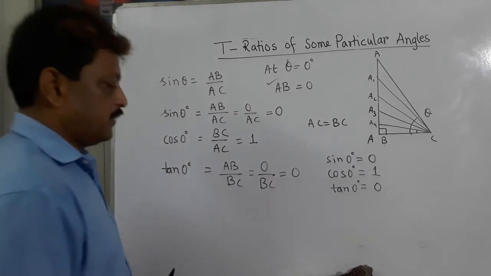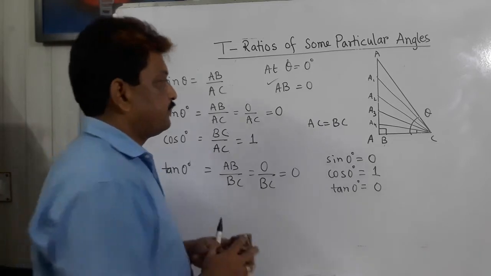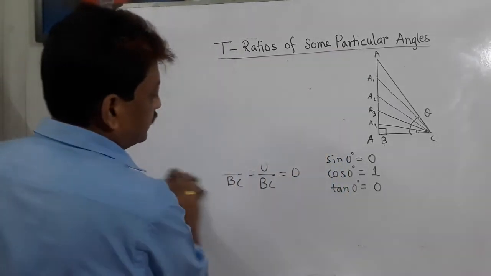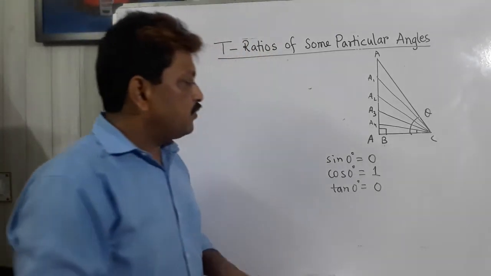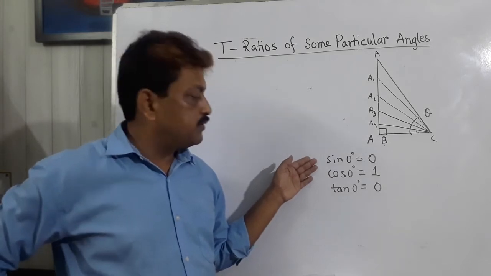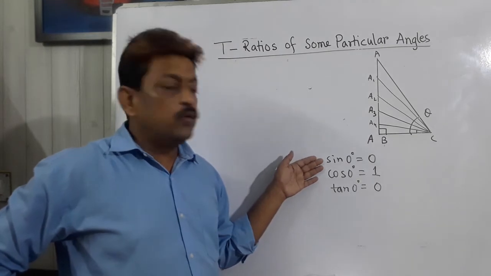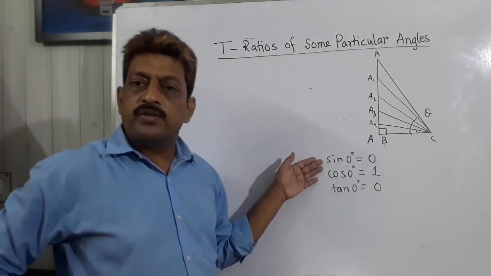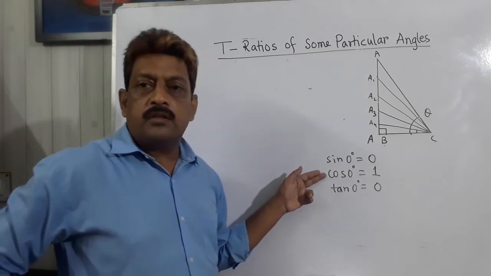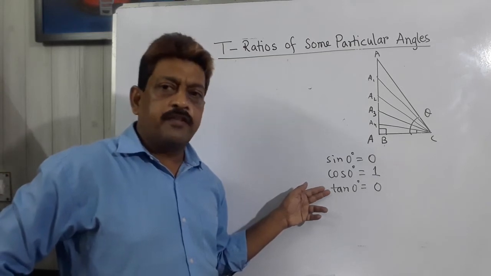Okay. Now let us find the trigonometric ratios of 90 degrees, that is sin 90, cos 90 and tan 90. Now see here, as we now know how to find the value of sin 0, cos 0 and tan 0, we can easily calculate the value of their reciprocals, that is cosec 0 is the reciprocal of sin 0, sec 0 is the reciprocal of cos 0, and cot 0 is the reciprocal of tan 0.